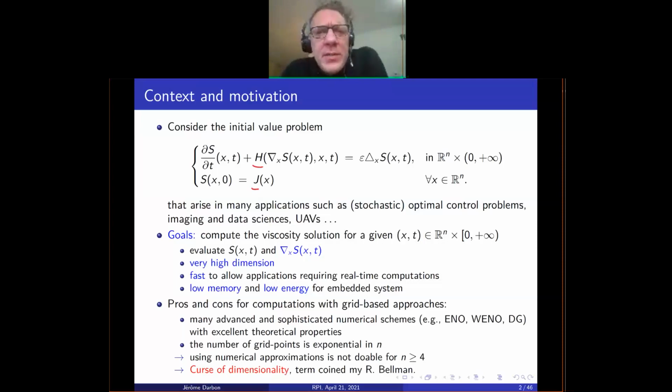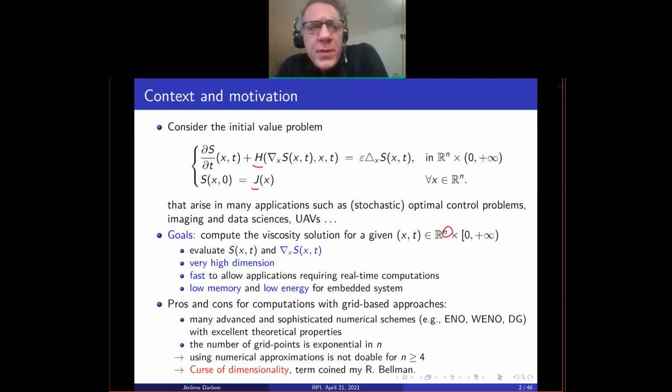The key point here is that in order to solve this in practice, you really need to solve it for high dimensions, n. And n could be millions if you are dealing with digital images. In applications involving control of drones, n is still high but much reduced, say 15.